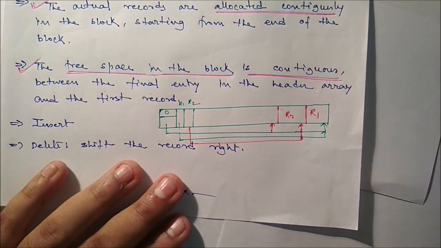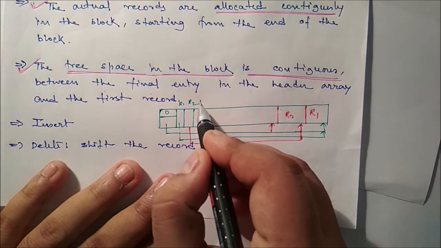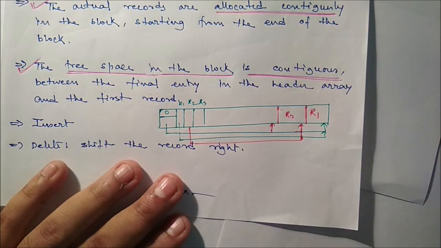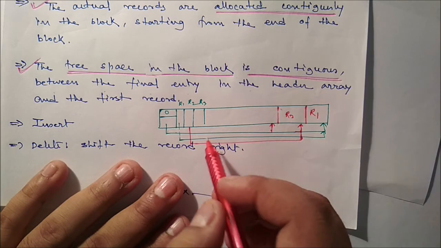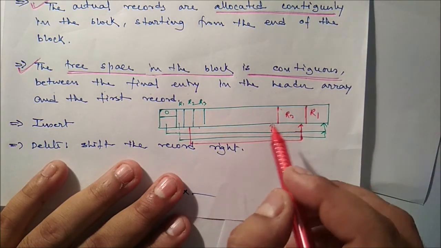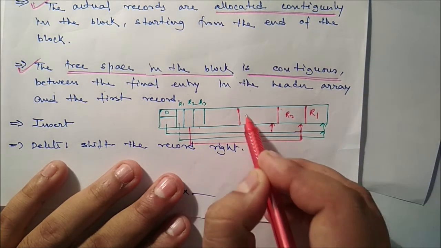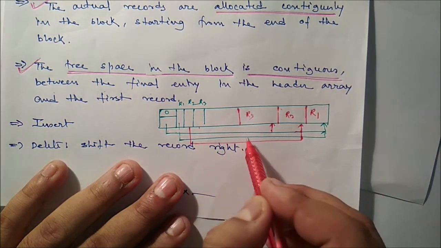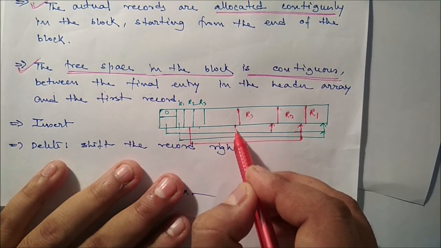Now suppose another record wants to insert its data, record 3. Suppose record 3 needs this space, so we have to update this particular free slot.